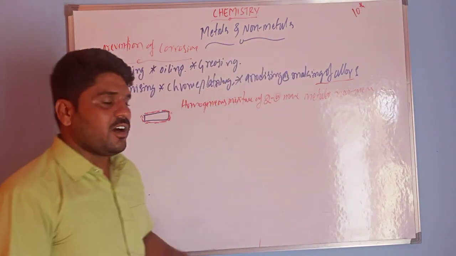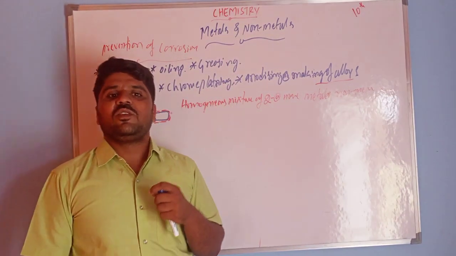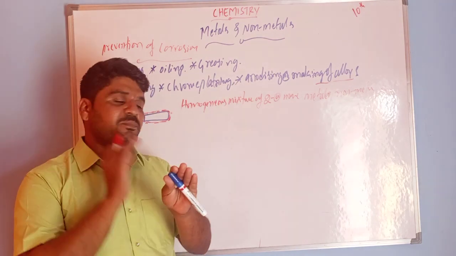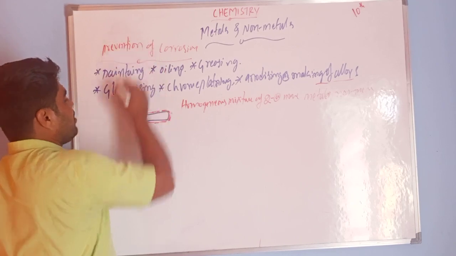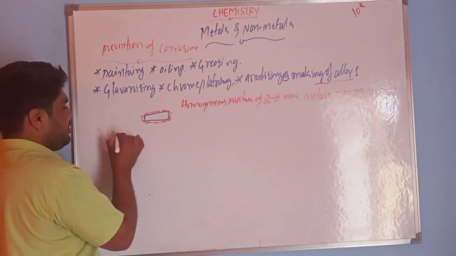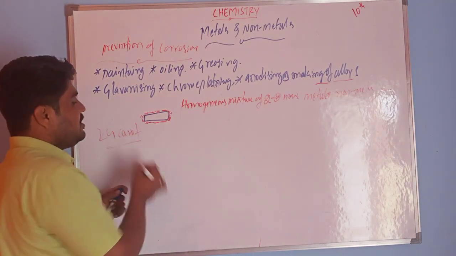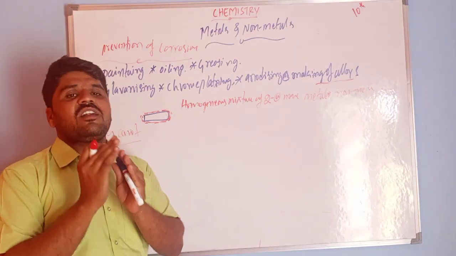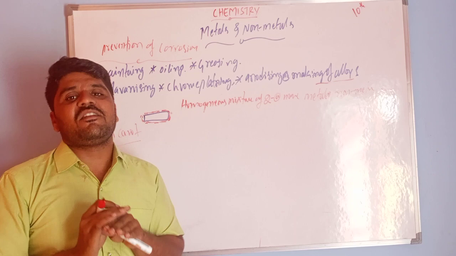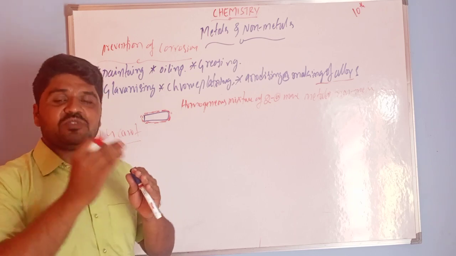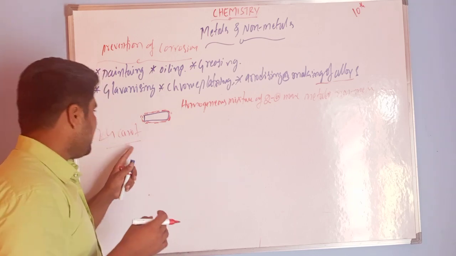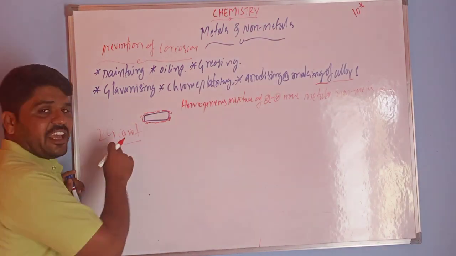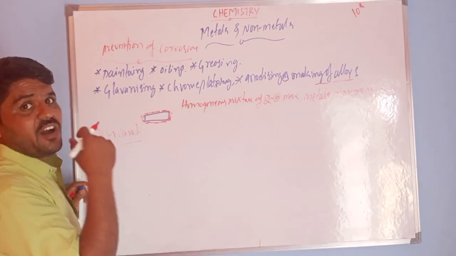Our gold is not a pure element. Pure gold means 24 karat gold. This 24 karat gold is very soft, so because of its softness it is not used for making ornaments.